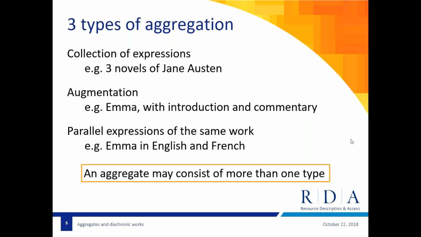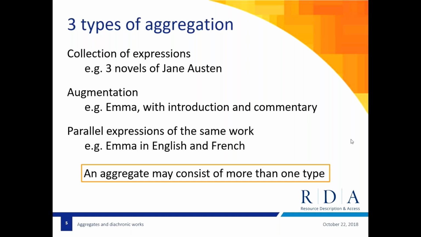The second kind of aggregate is the augmentation aggregate, and we're very familiar with this in original RDA, where we talk about primary and secondary content, and we give instructions on recording the primary expression and then either recording augmenting content as a note or whatever.